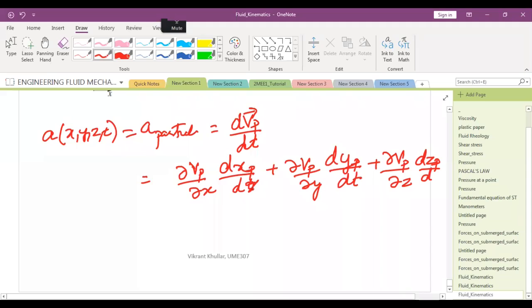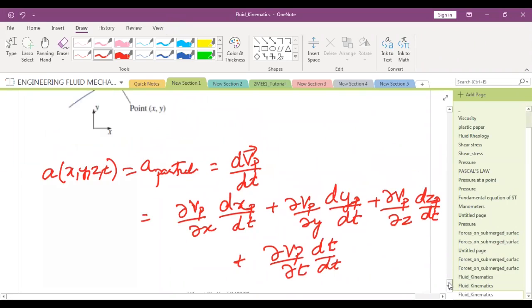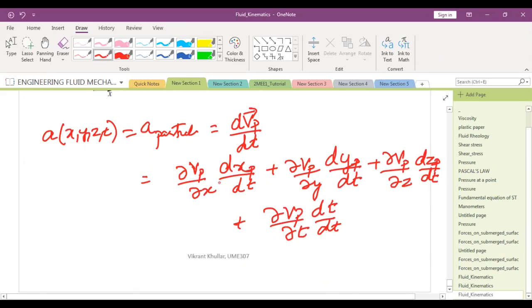Sorry, dt only. Then plus curly V particle upon curly T into dt upon dt. And is this clear? Clear up to here? Is this clear or not? This expression. Yes, sir.